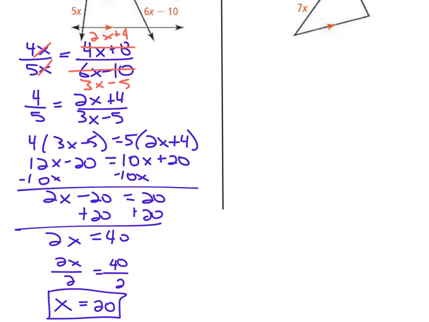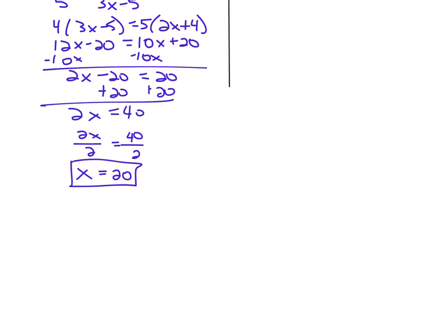It is true that there is a solution of 0 that we could get for x, but something funny happens there anyway. Let's take it and put it down at the bottom here: 4x over 5x equals 4x plus 8 over 6x minus 10.